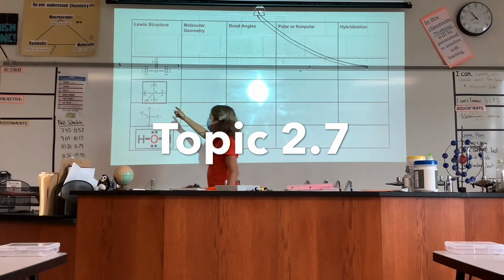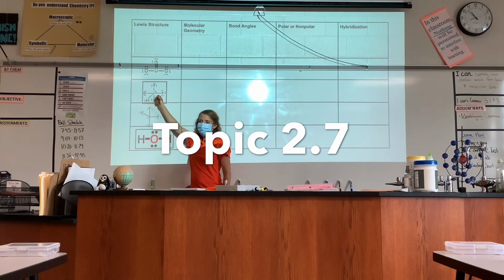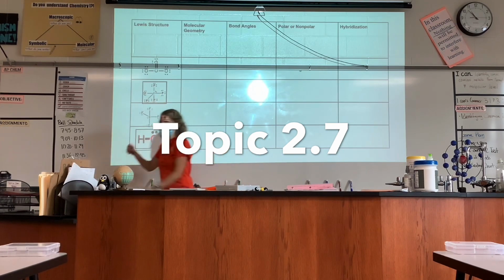What 3D shape is this guy? Seesaw, right? Here's your seesaw molecule. These two right here do cancel each other out in terms of their dipoles. Why do these two not cancel each other out? Because they're not opposite in direction, right?